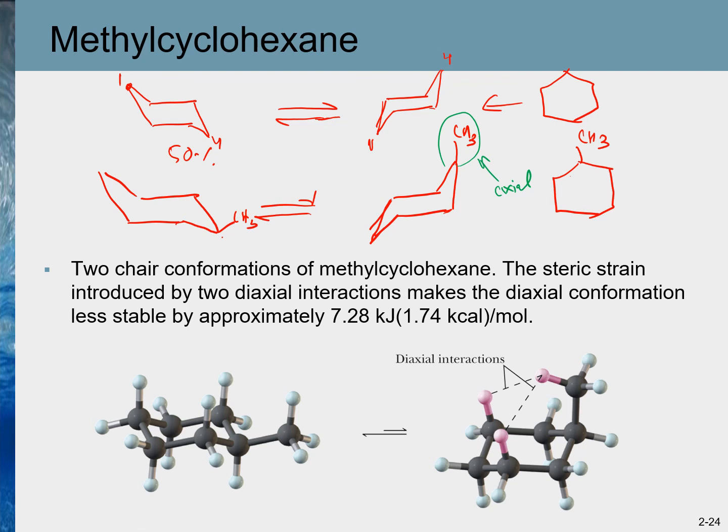And not axial anymore. Whenever we have a bulky group at any position, it will prefer to have a chair conformation in which the bulky group is at the equatorial position. So therefore the equilibrium will be largely shifted to the left and not to the right.